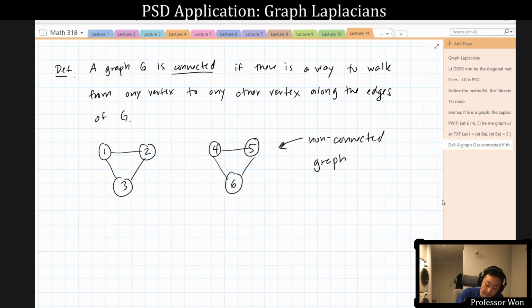Okay, so here's the theorem. G is connected if and only if the second eigenvalue is positive.